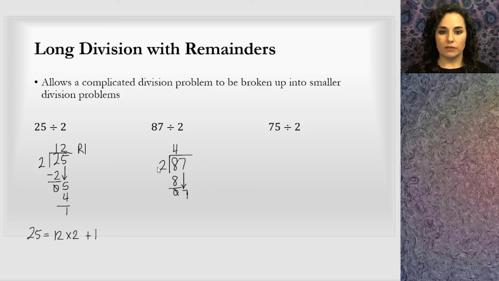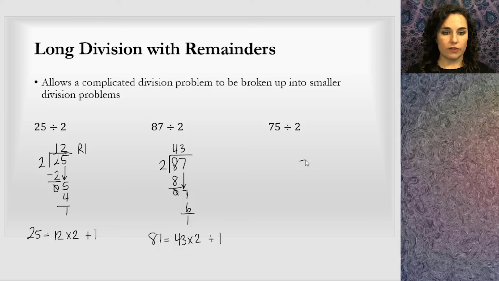I ask myself, how many times does 2 go into 7? 2 goes into 7 evenly only 3 times. 3 times 2 is 6, and I have 1 left over. So when I think about 87, 87 will be 43 times 2 plus 1.